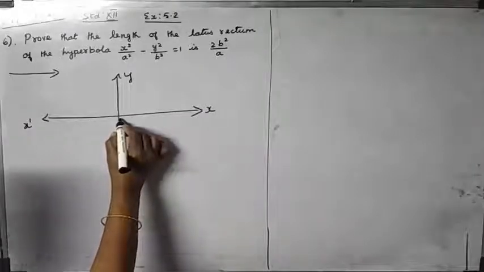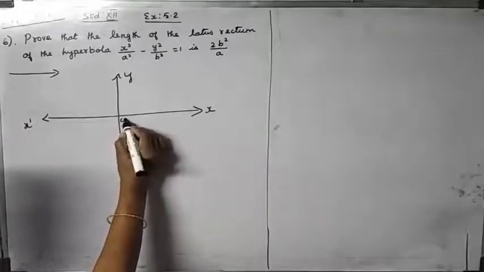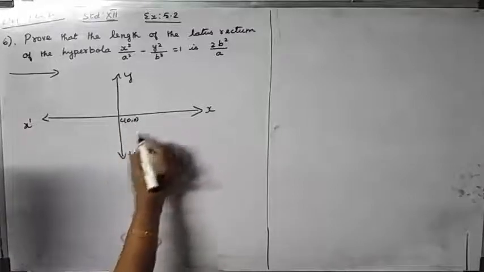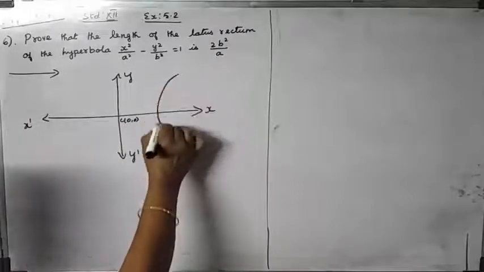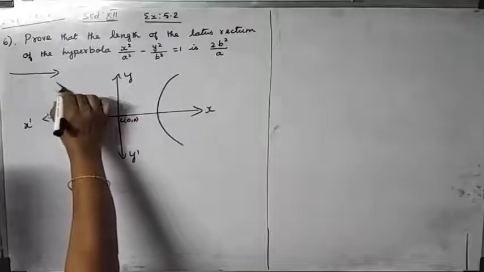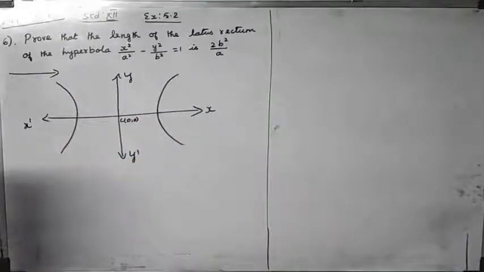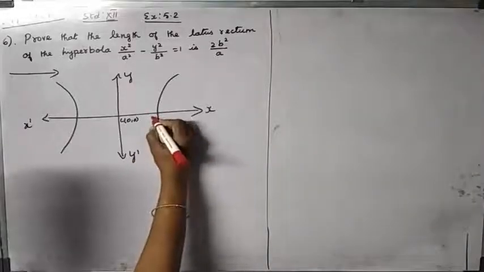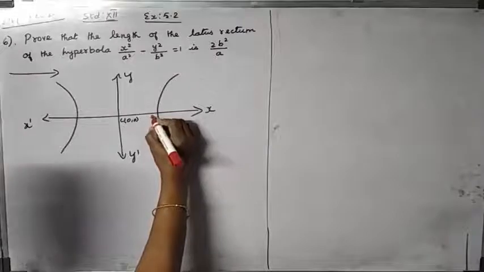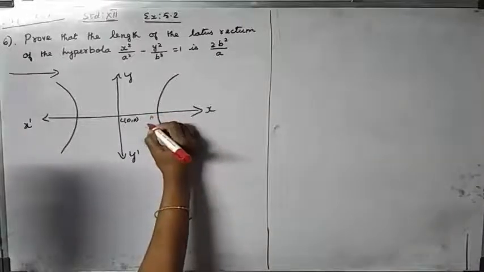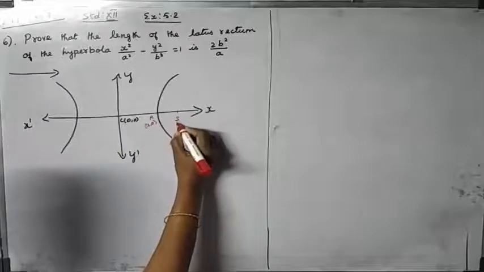This is the center, that is C of 0, 0, and here the curve. So this is the hyperbola and this is A, which is (a, 0), and this is S.